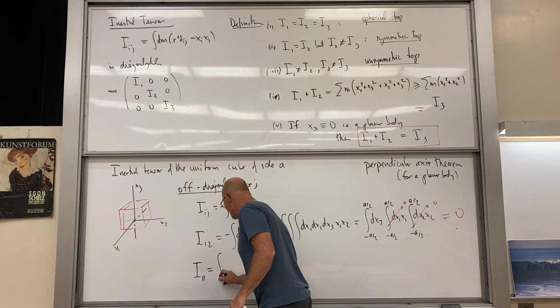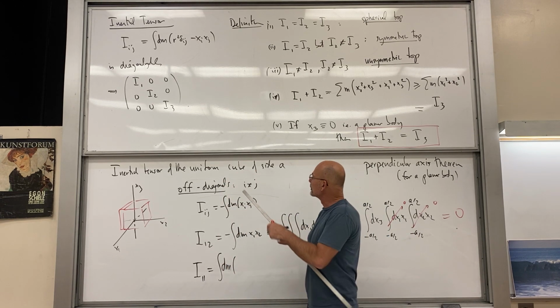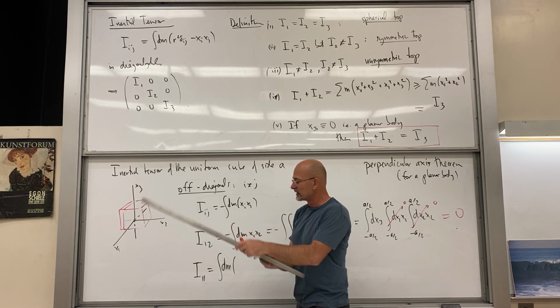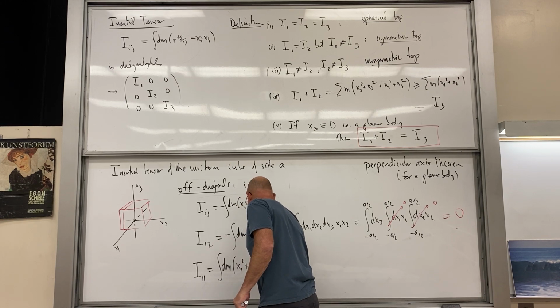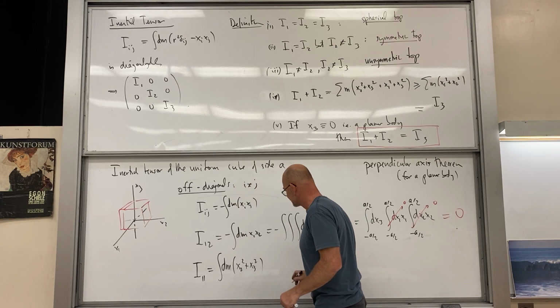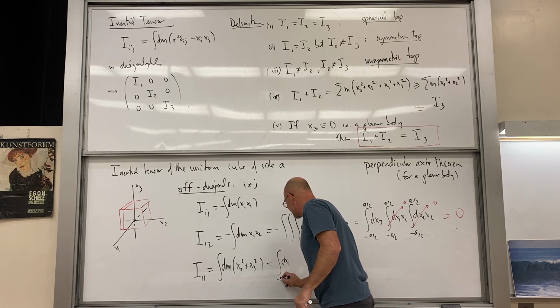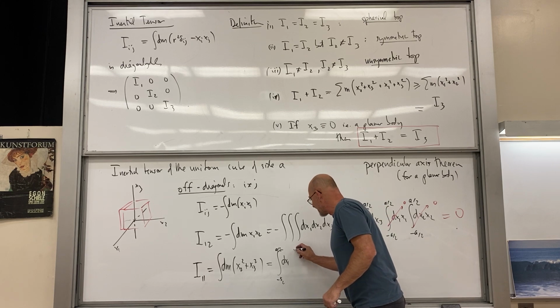Okay, so now that's our dm, and we have x1 squared plus x2 squared plus x3 squared minus x1 squared. So it's x2 squared plus x3 squared. And we've got the dx1 from minus a over 2 to a over 2. All the bounds are the same there.